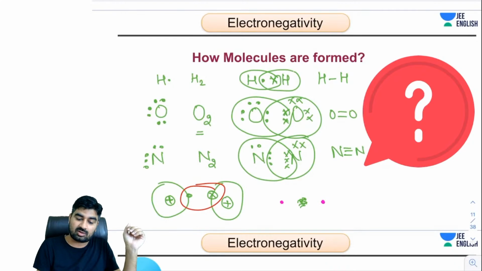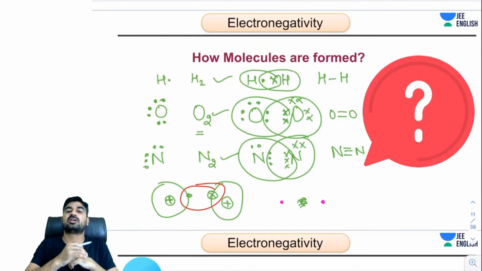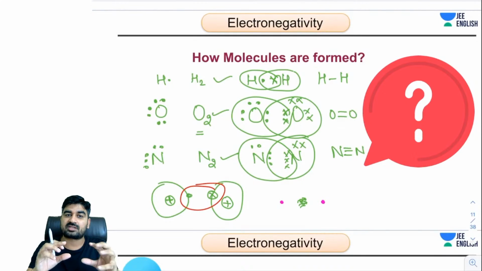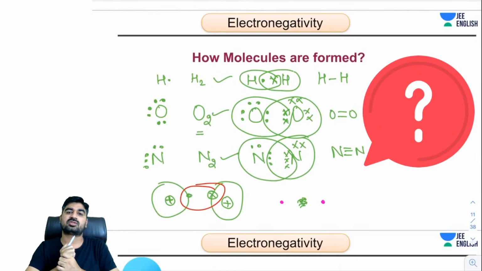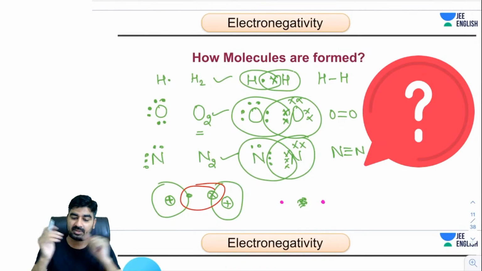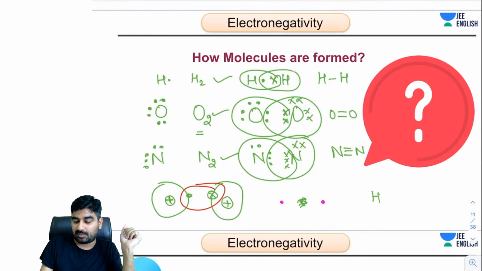Why? In all these cases, what is happening? In all these cases, the nucleus is equally strong in case of hydrogen, oxygen, because both are same. But what will happen if I make a bond between hydrogen and fluorine?